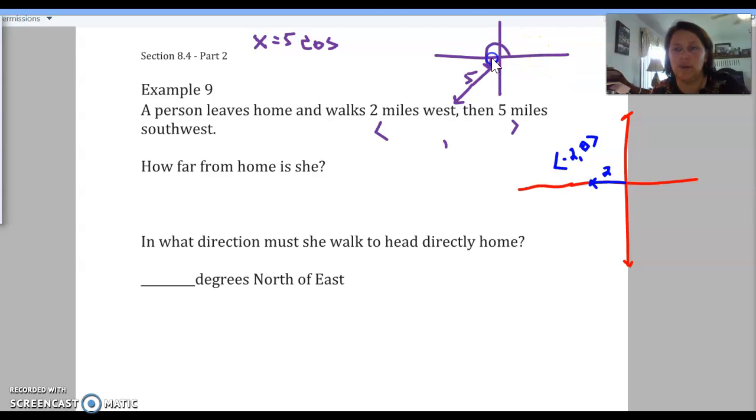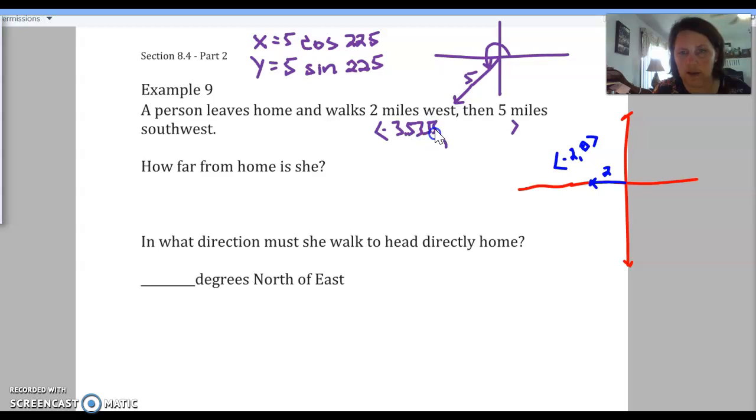here is 225 degrees. So 5 cosine 225, and then y is 5 sine of 225, and then put both of those in, and we have the vector -3.5355 and -3.5355.